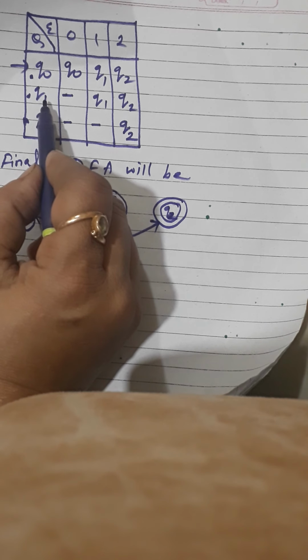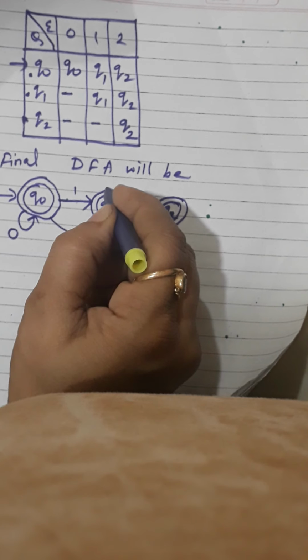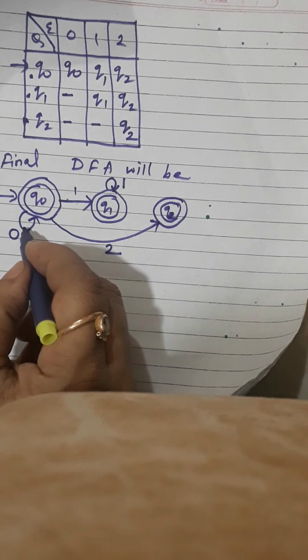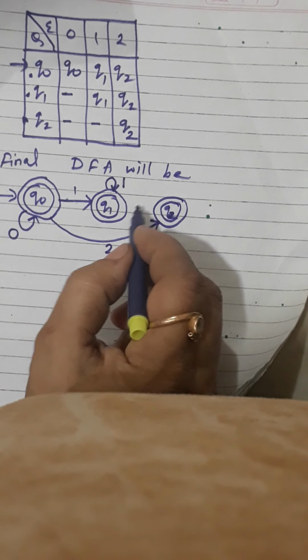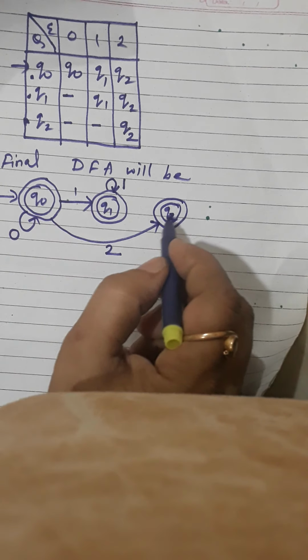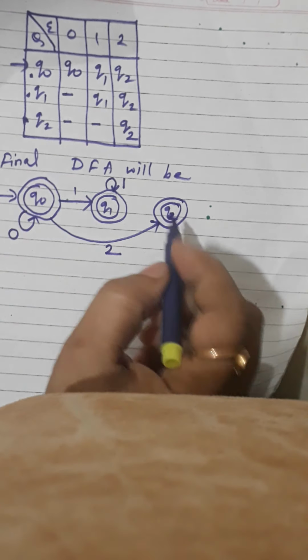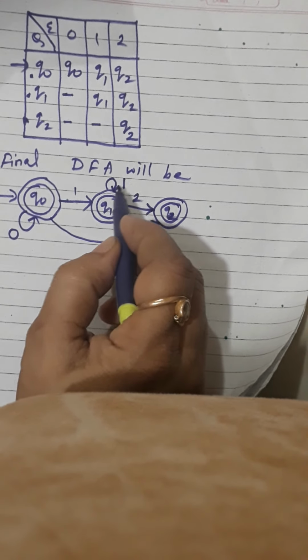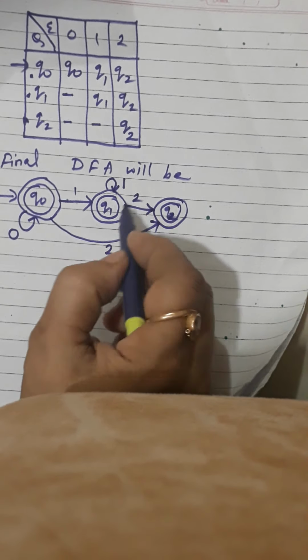Now Q1 on 0 moves nowhere, Q1 on 1 moves to itself. Okay, see there is a self loop here. Then Q1 on 2 moves to Q2, so again single transition, single state.